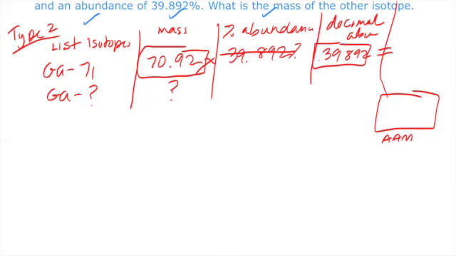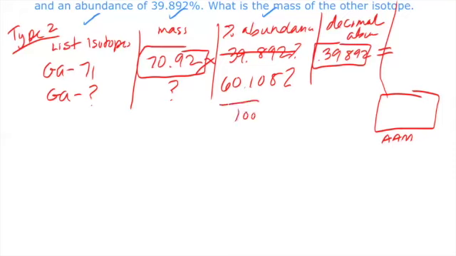It should make up about 60% of the total element found in nature. So if I take 100 minus 39.892, I get 60.108%. So remember, you should always be able to fill in that column if there are only two isotopes, because they have to add up to 100.